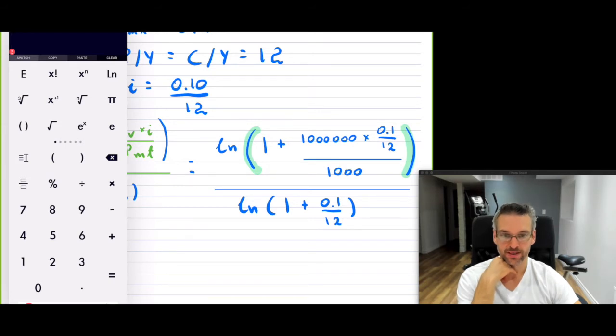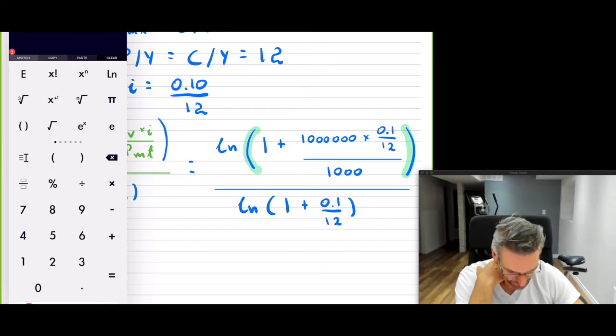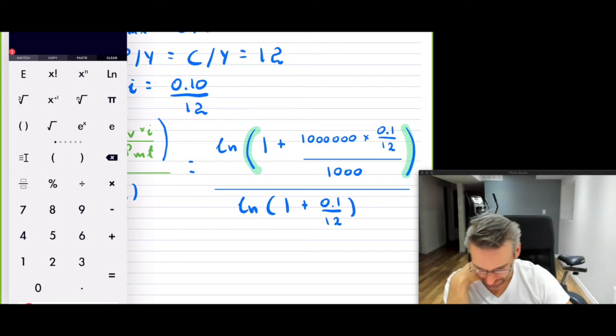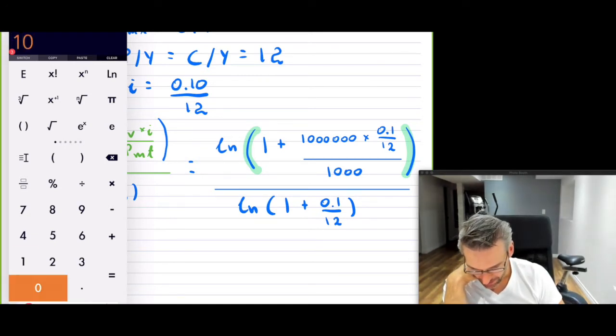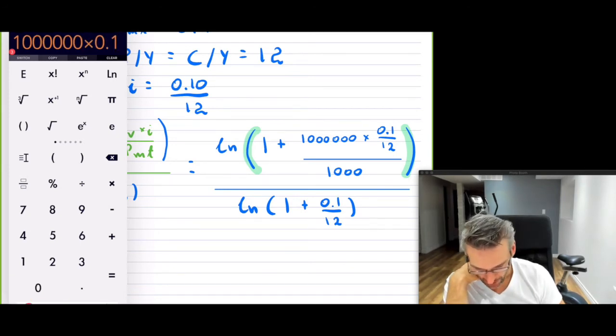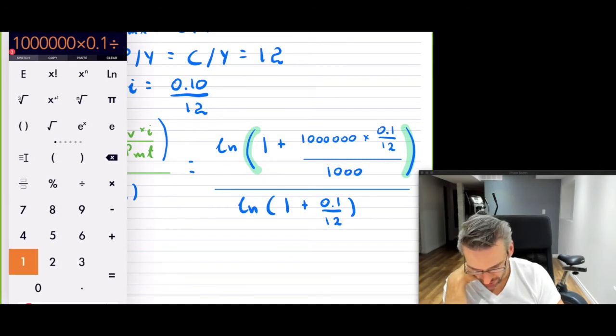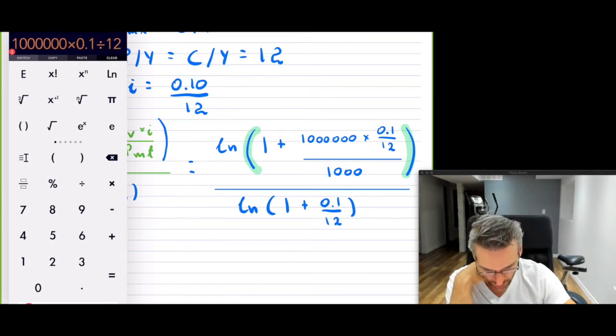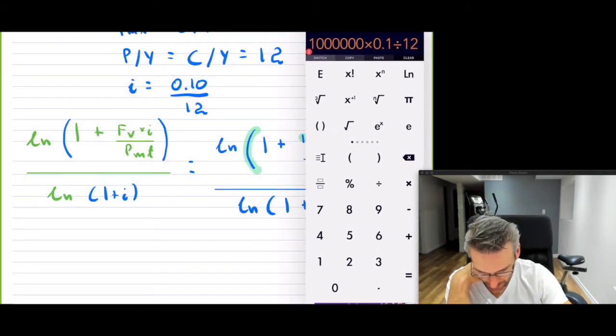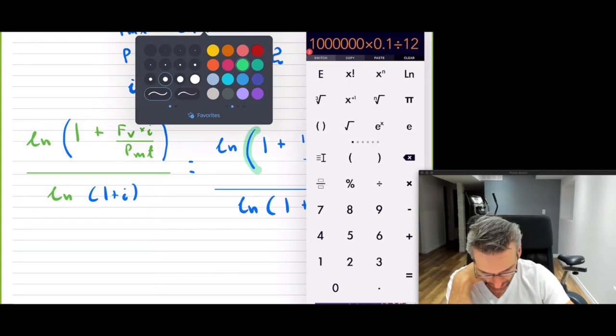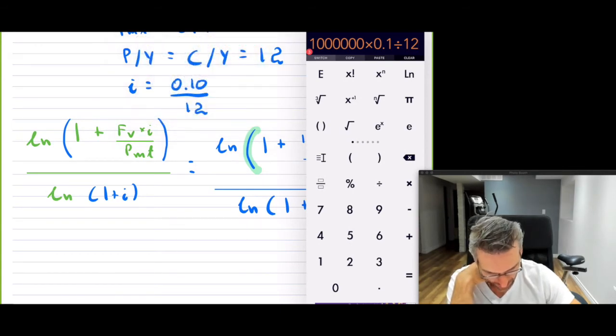All right, so let's work through it. So I have 1 plus 1 million times 0.1, and divided by 12. So what I'm doing right now is I am just calculating. Let me swing this back, open it back up there, change the color.